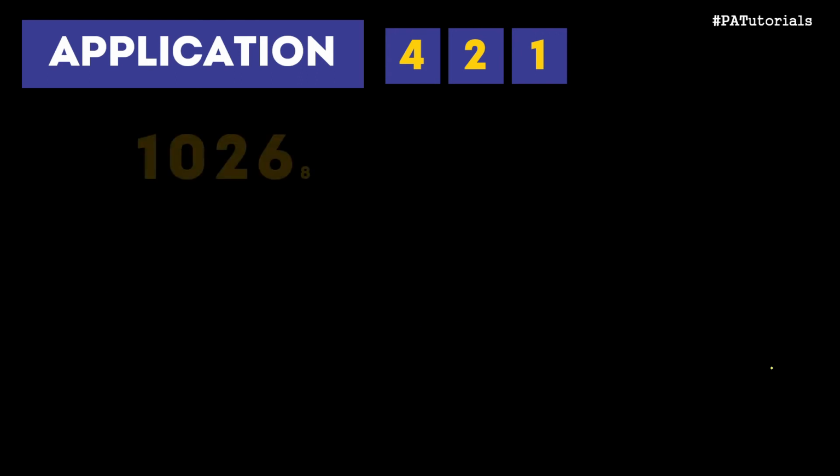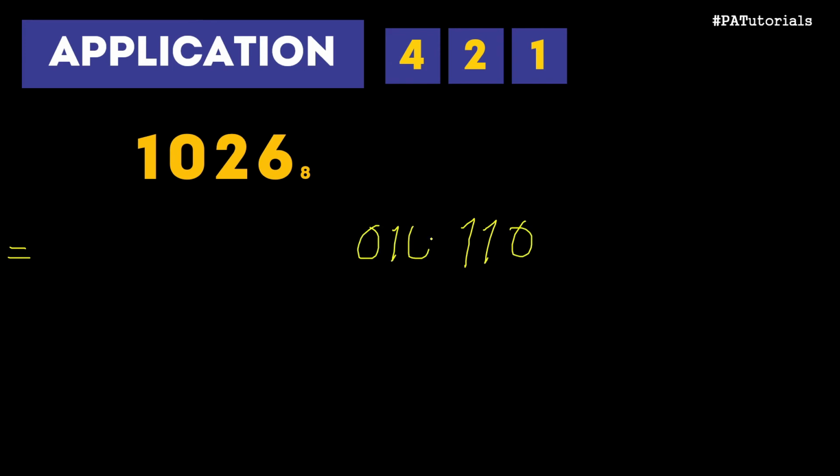Now, let's try these examples naman. This would be 1026 base 8. So, again, same concept lang, pero pinahaba. This would be equal to 1, 1, 0, 0, 1, 0, 0, 0, and then 0, 0, 1. So, pag hinati natin yan, that would be 1, 2, 3, 4, slash 1, 2, 3, 4, slash 1, 2, 3, 4.